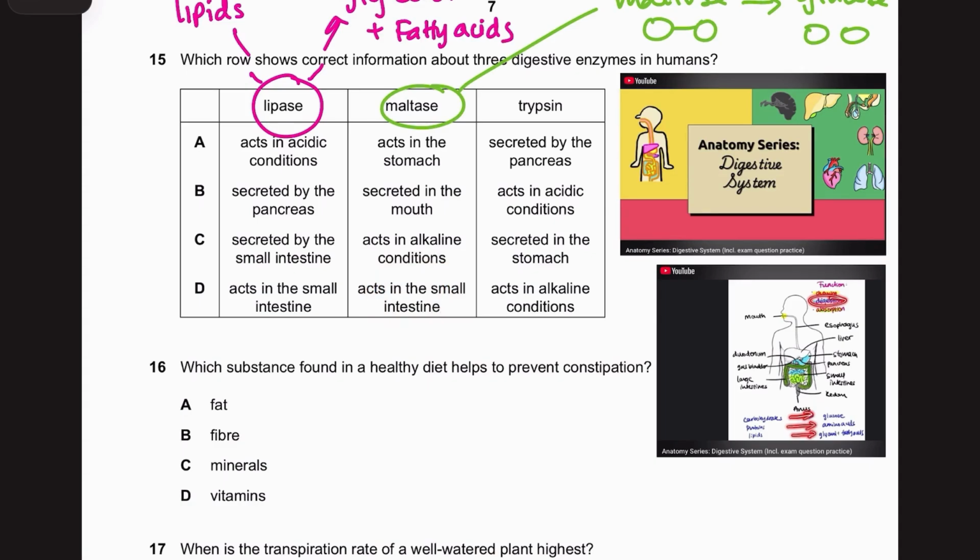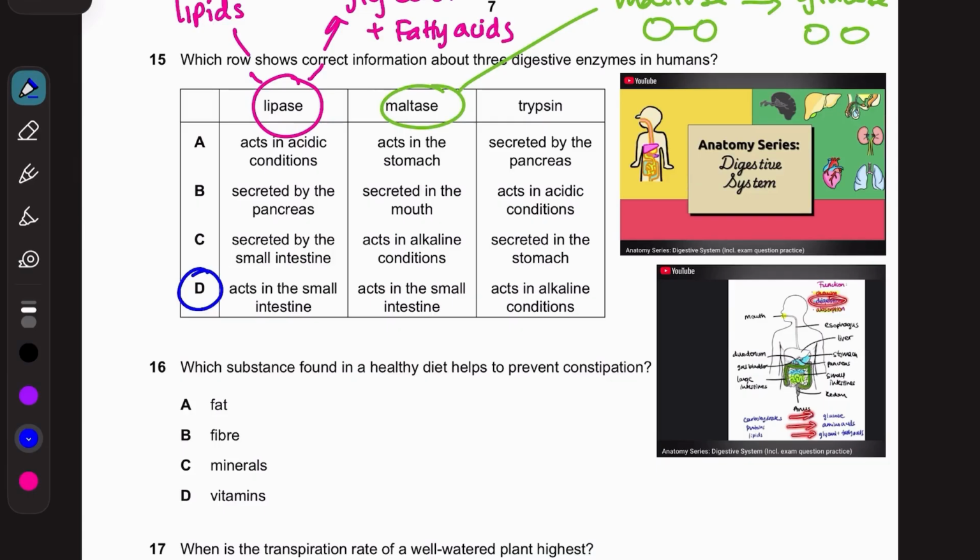And then trypsin acts in alkaline conditions. I explain why in this video, so I encourage you to watch that because there's a lot of stuff to revise for this one question, okay? So this is just one of those things you have to memorize: where the enzymes are acting and what conditions they work well under, acidic or alkaline conditions.